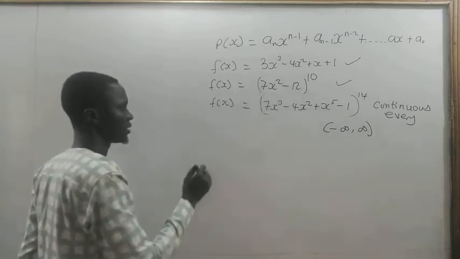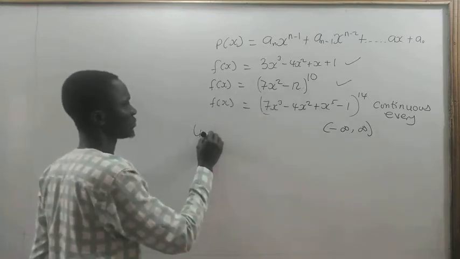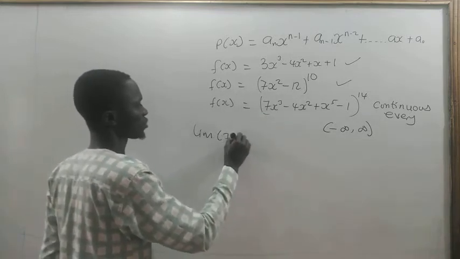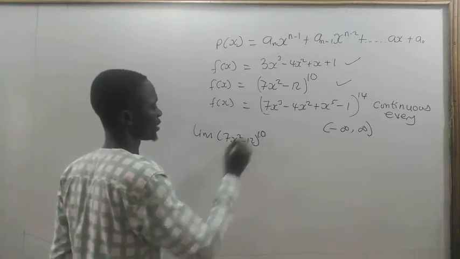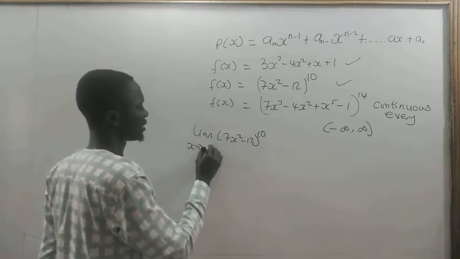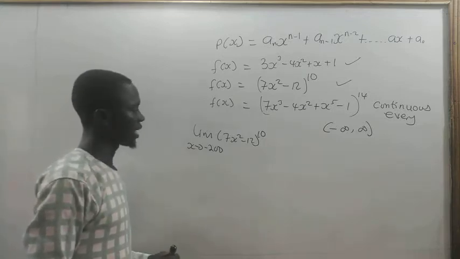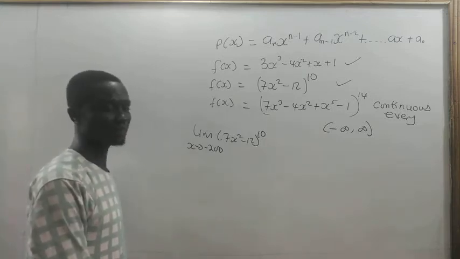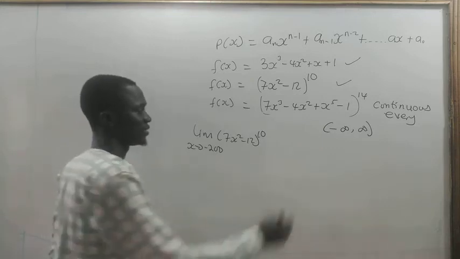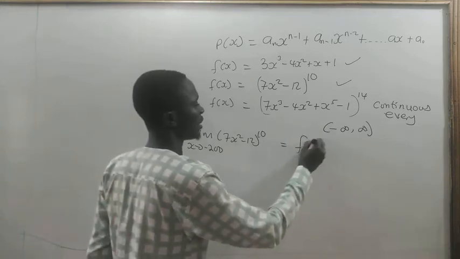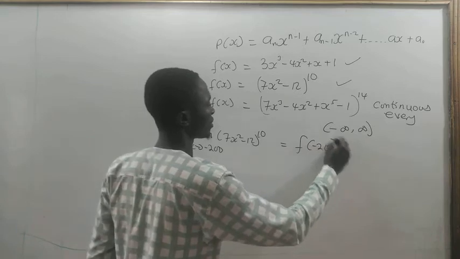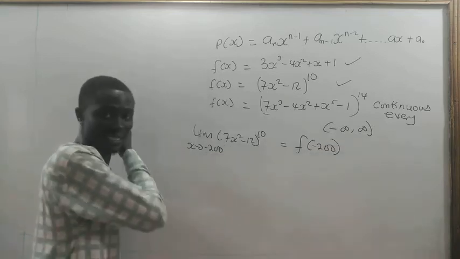Let us take the limit of (7x squared minus 12) to the power 10 as x approaches negative 200, and then check that f of negative 200 will also be the same as this.